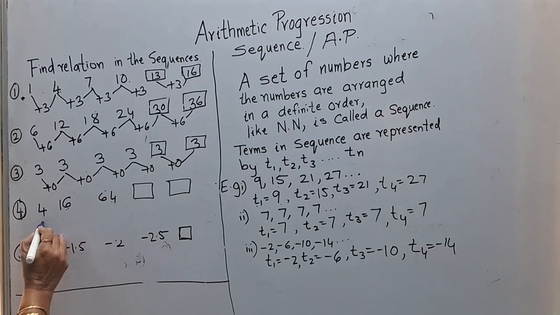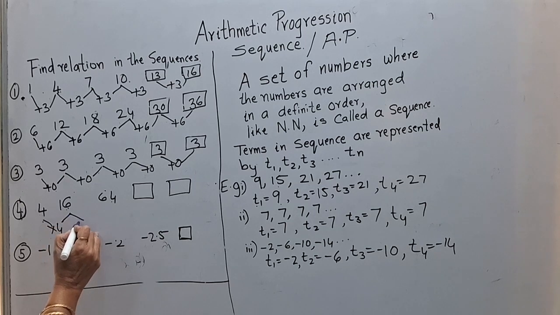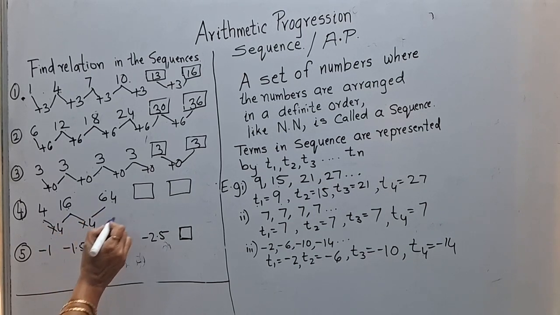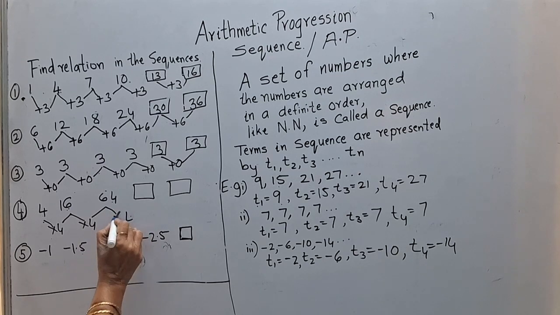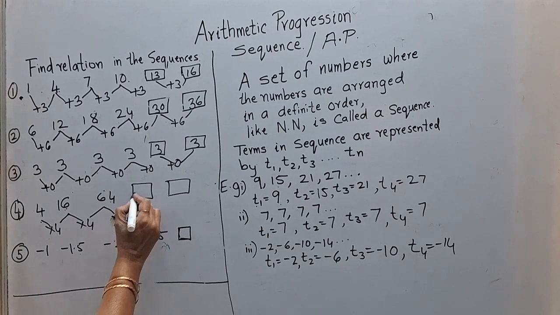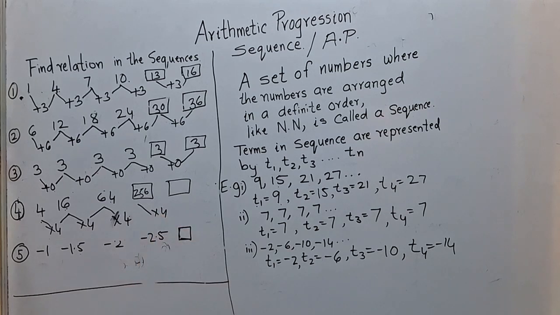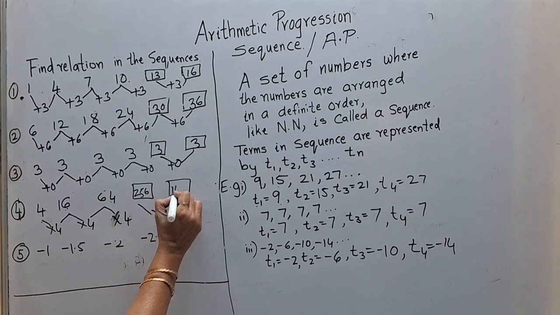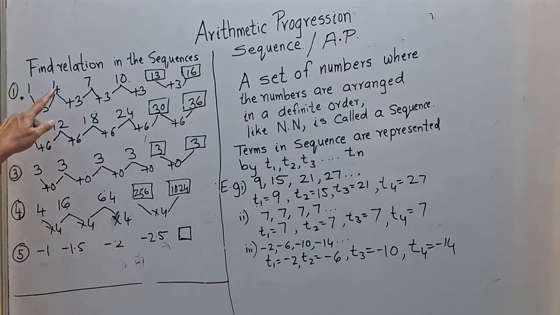Now see here, 4 into 4 is 16. 16 into 4 is 64. 64 into 4, not plus, into 4 is 256. Yes, and 256 into 4 is 1024. So in these three sums we have added, in this sum we have multiplied.